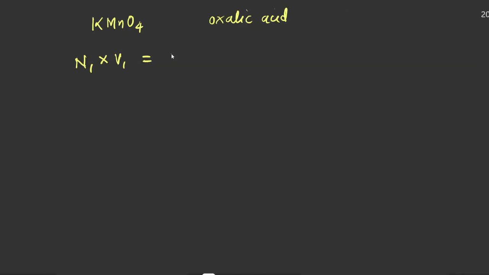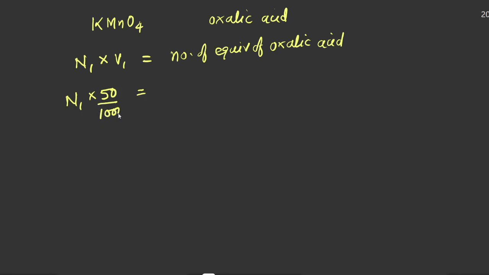So the number of equivalents of oxalic acid, so normality, keep it like this, into 50 divided by 1000. Number of equivalents is the number of moles of oxalic acid multiplied by 2.